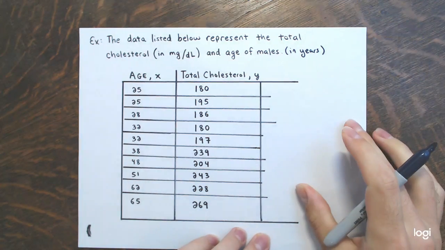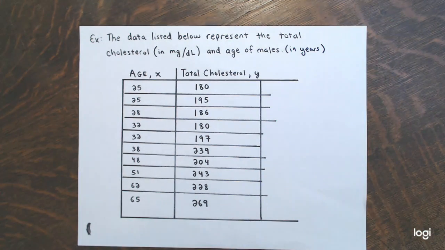Okay. And so we see here that this is just a sampling of males and a recording of these particular males' ages and their total cholesterol in milligrams per deciliter, of whatever blood sample they gave.